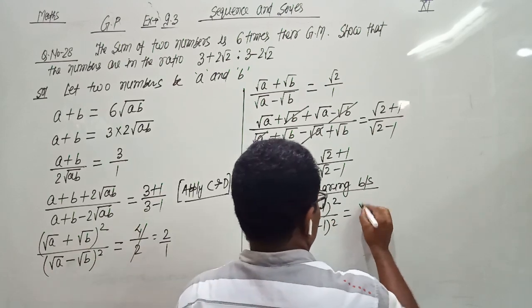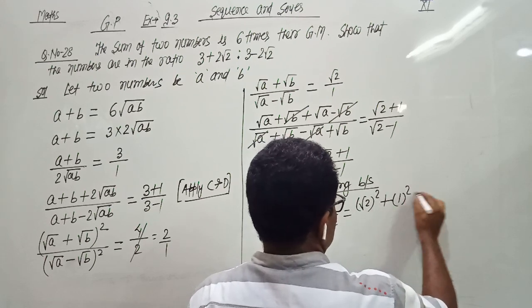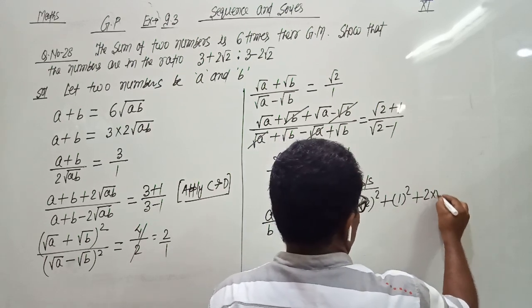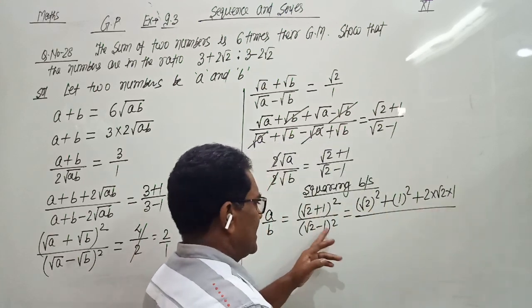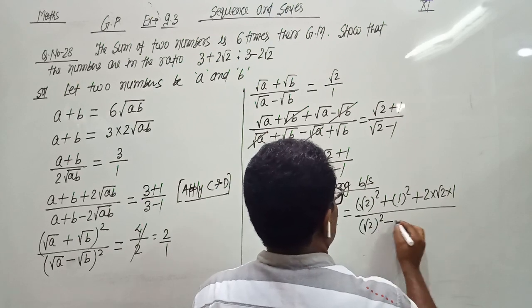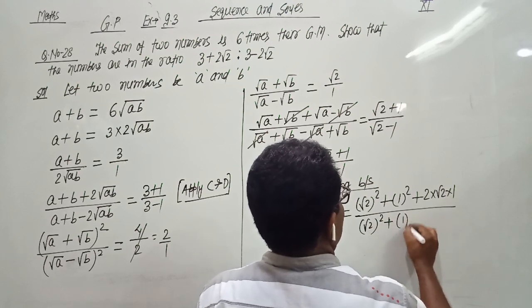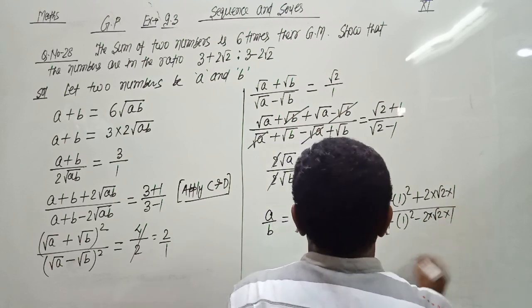When we expand, it gives root 2 the whole square, plus 1 the whole square plus 2 into root 2 into 1, using the formula a plus b the whole square, and a minus b the whole square is root 2 the whole square plus 1 the whole square minus 2 into root 2 into 1.